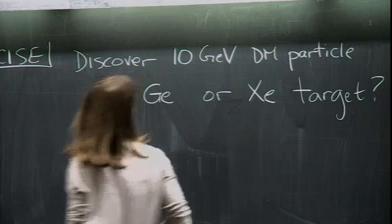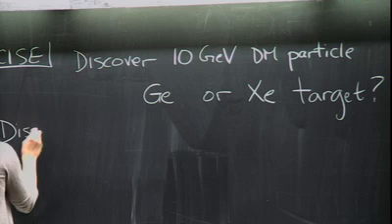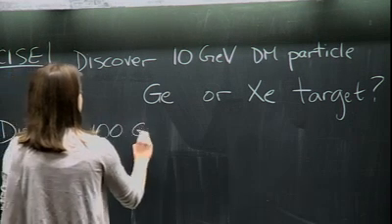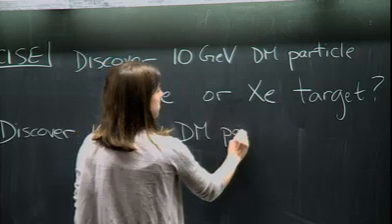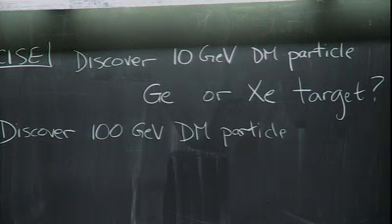Similarly, their competing experiment says, oh no, dark matter is clearly not at 10 GeV. We're going to discover it at 100 GeV. But they still pay you for your consulting abilities, so you should tell them whether they should use germanium or xenon.